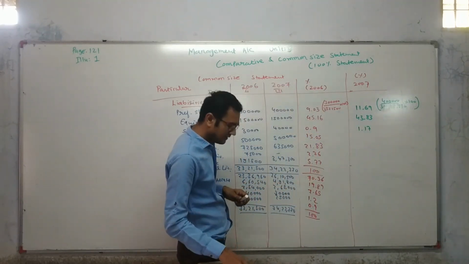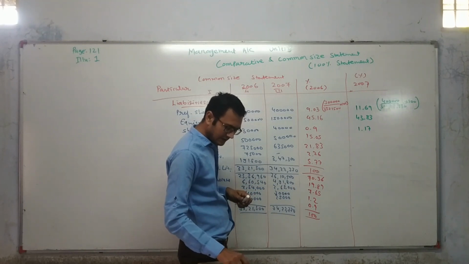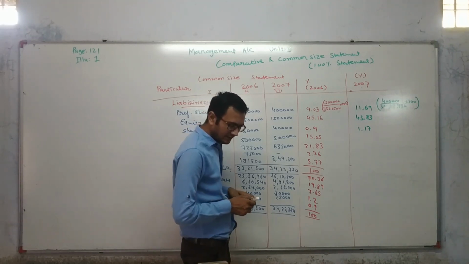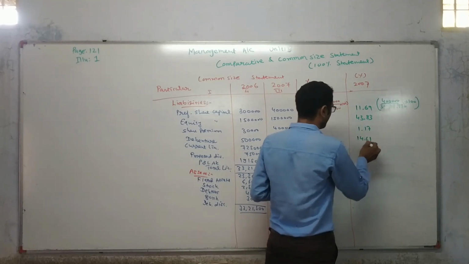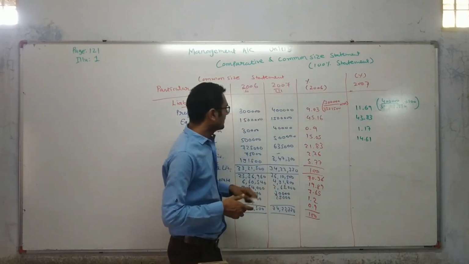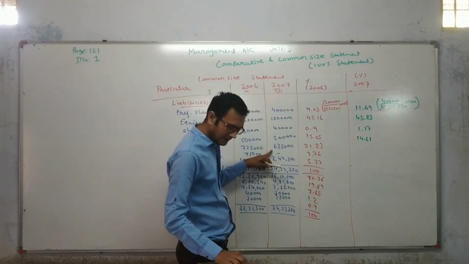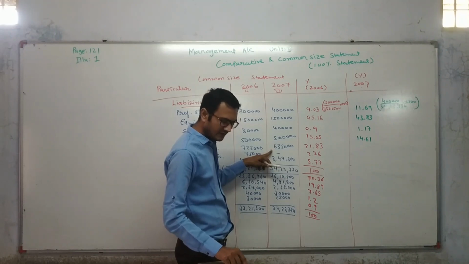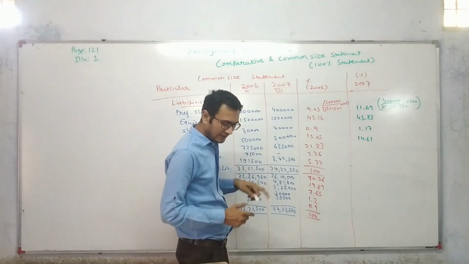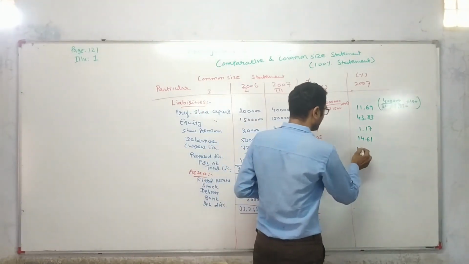And 5 lakh divided by 34,22,330 into 100. 14.61%. And 6,35,000 divided by 34,22,330 into 100. So 18.55%.